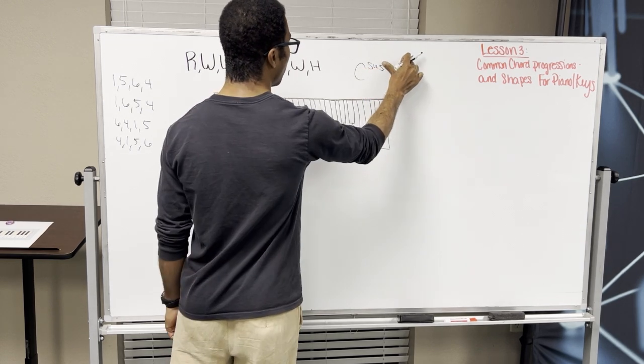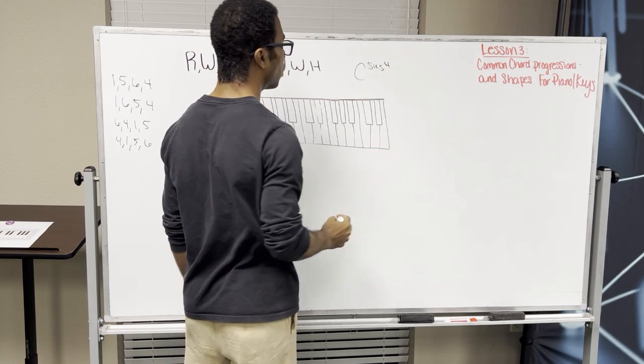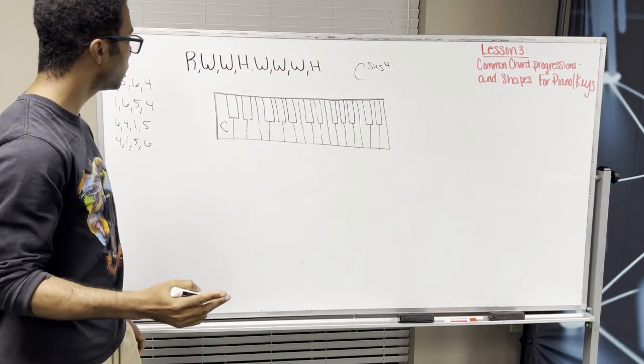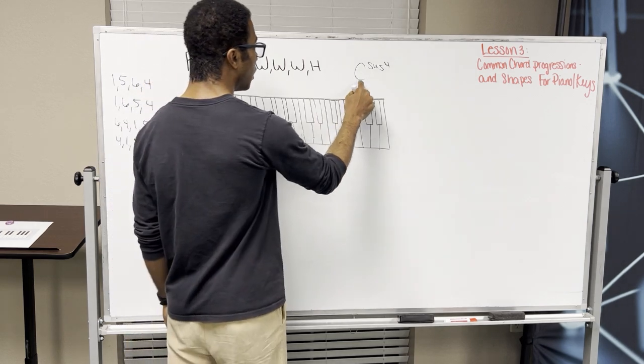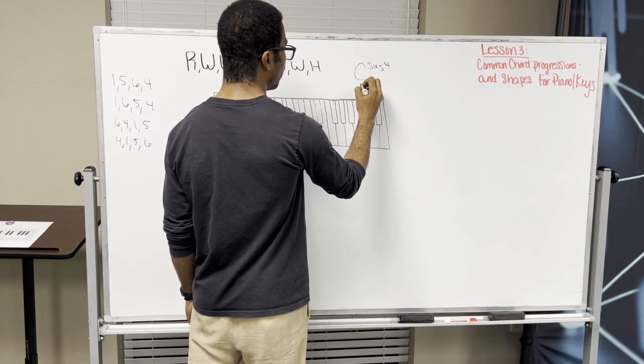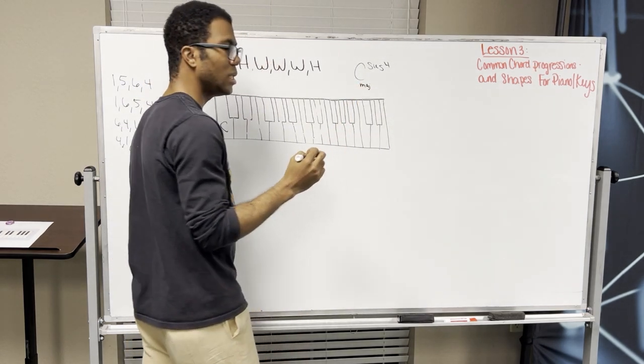So when we're looking at a C sus2 or a C sus4, what this is telling us is that we are starting with a C major chord.